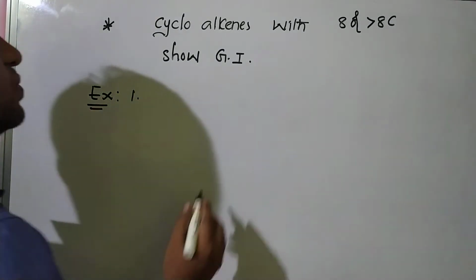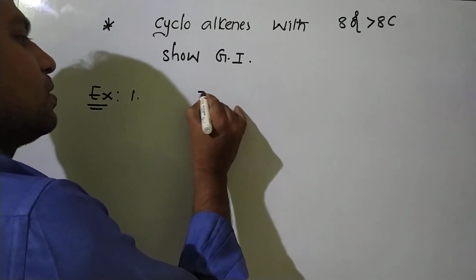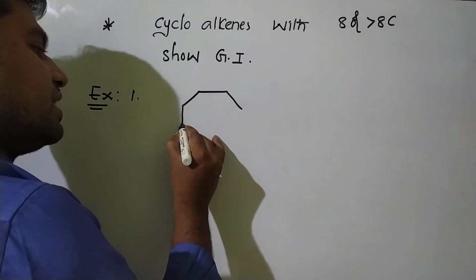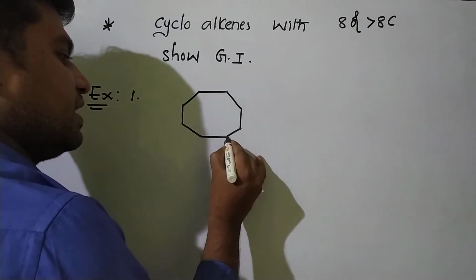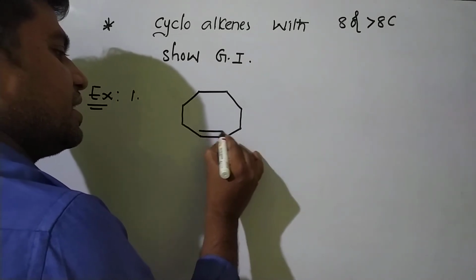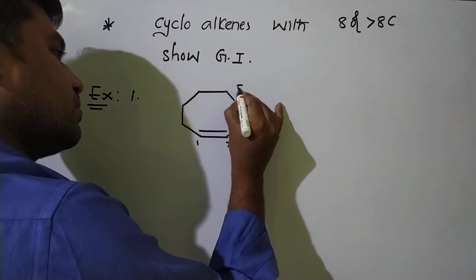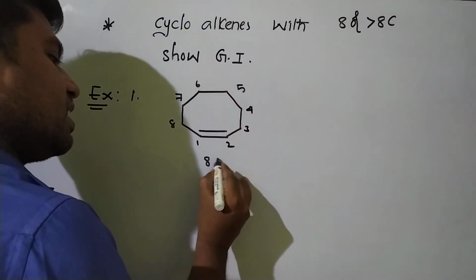Example 1. Now I will give the first example. Cyclooctene. So this is a cyclooctene, meaning 8 carbon atoms: 1, 2, 3, 4, 5, 6, 7, 8. Here 8 carbons.